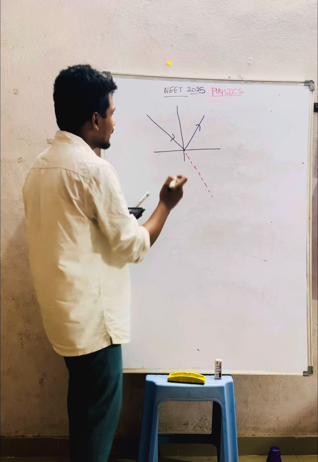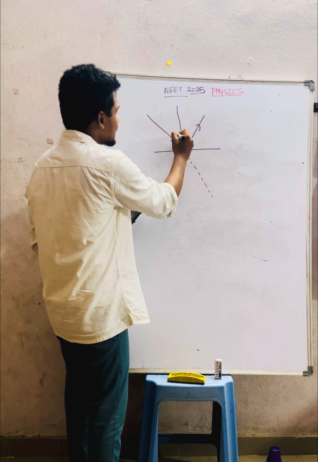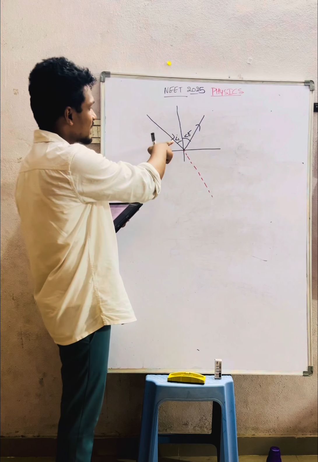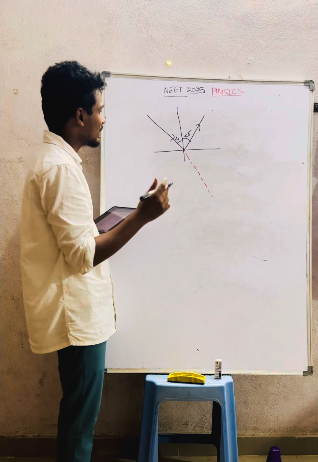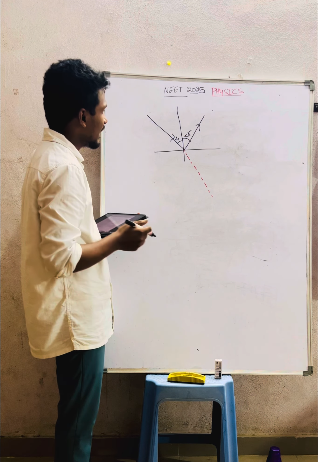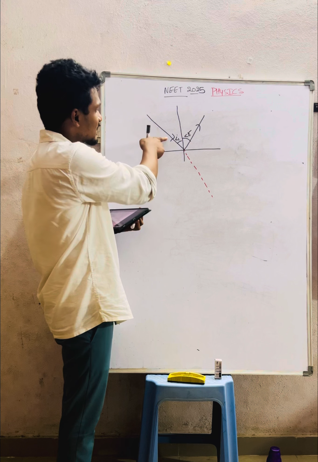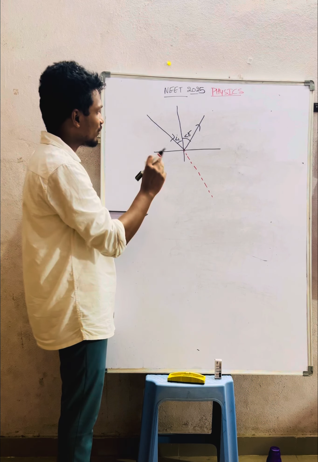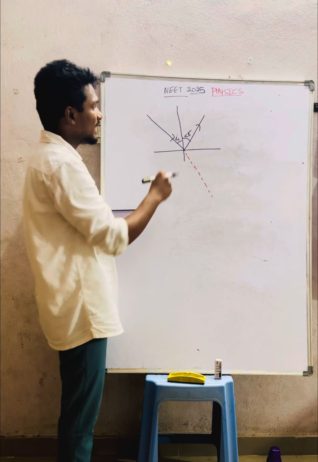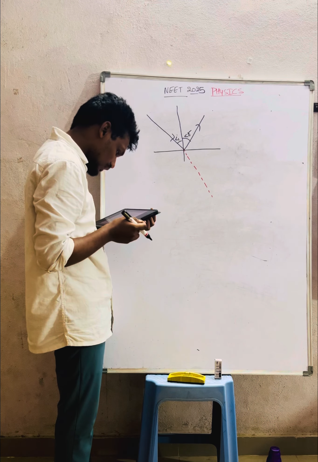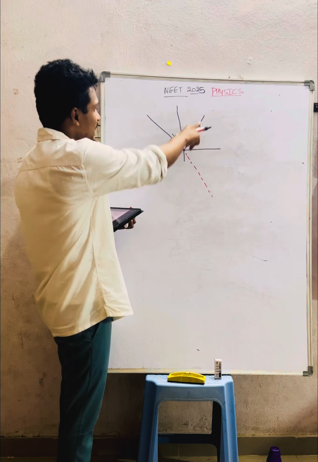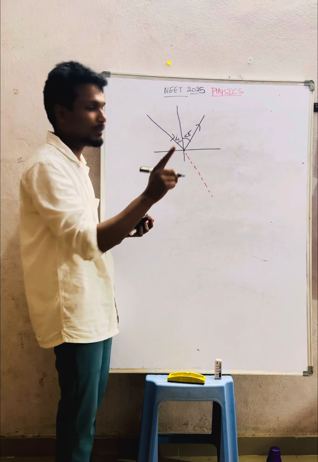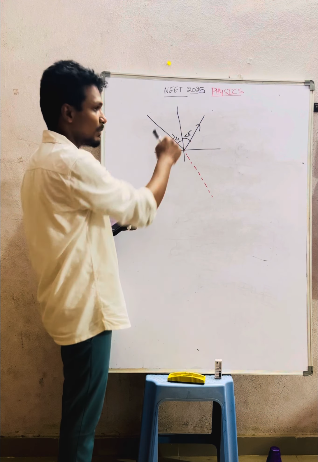The angle of incidence is equal to the angle of reflection; this is what we call the first law of reflection. So angle I is equal to angle R, and it is said that the light is incident at Brewster's angle, a specific angle at which the reflected ray is completely polarized. So we need to choose an option where the reflected ray is completely polarized, and the refracted ray is not completely polarized. Only the reflected ray is completely polarized.